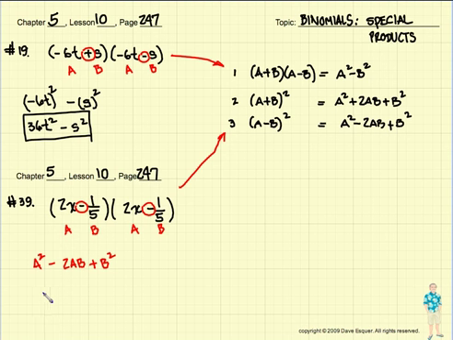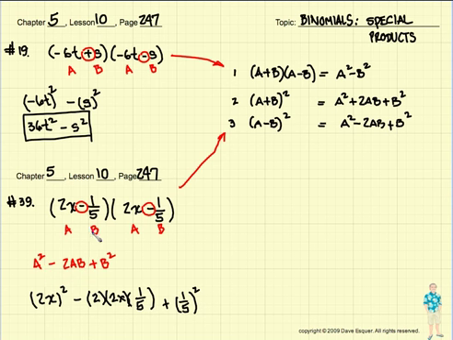So let's plug in the stuff that we got now. So this means take 2x, square it, minus 2 times a, which is 2x, times b, which is 1/5. All we're doing is using our formula, plus, and then take that b, which is 1/5, and square it as well.